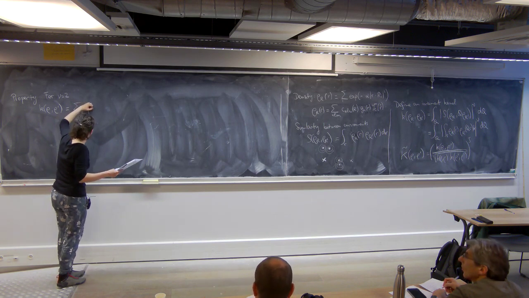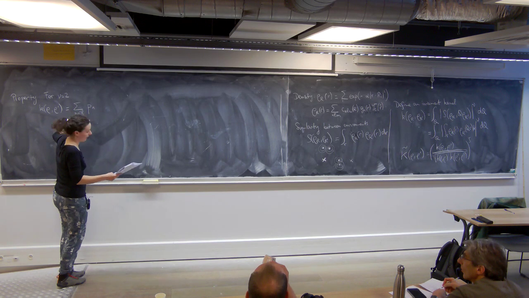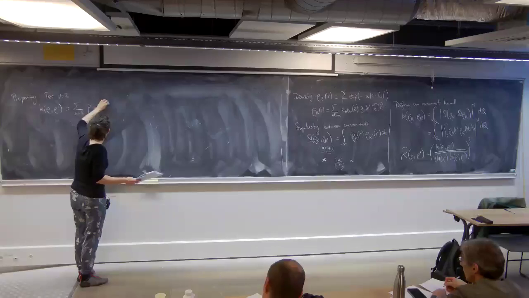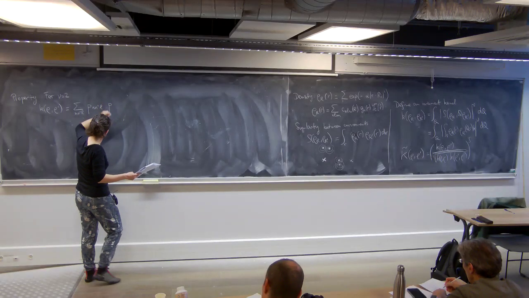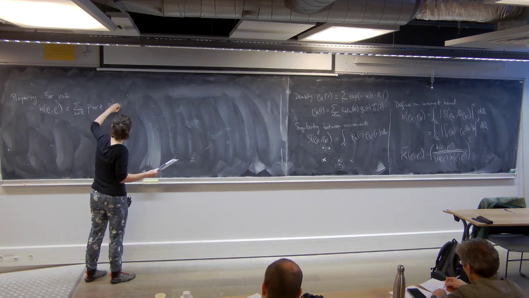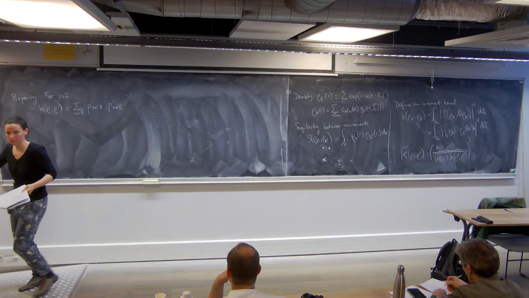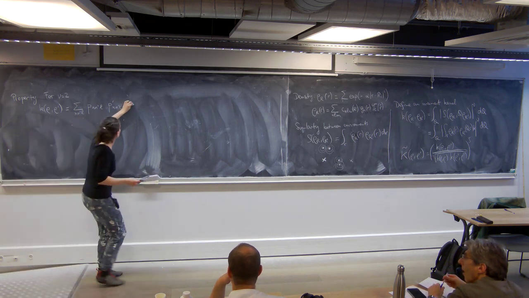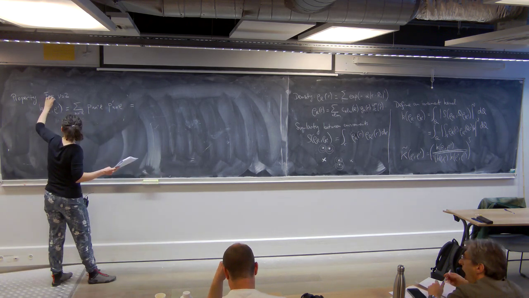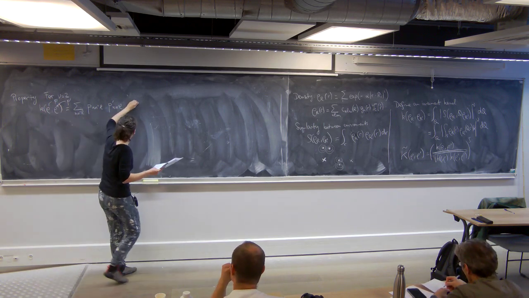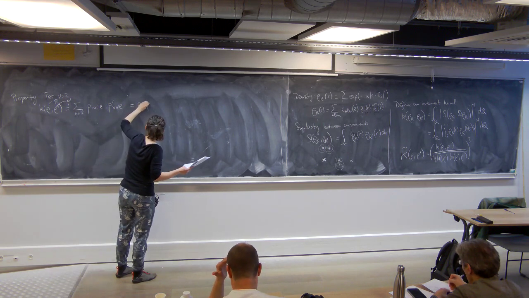That's just the sum over n, n prime and l of p_nn'l times p prime_nn'l. So basically, if we define a power spectrum P for rho and P prime for rho prime, this is just P dot P prime.